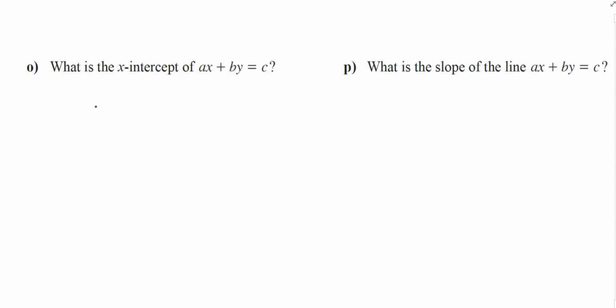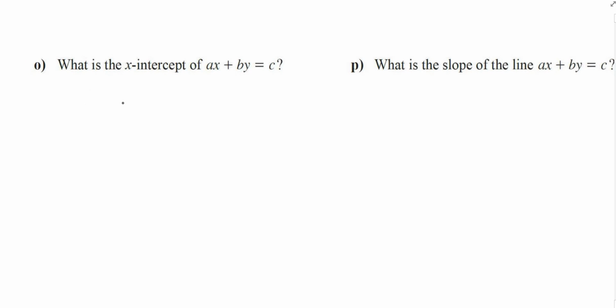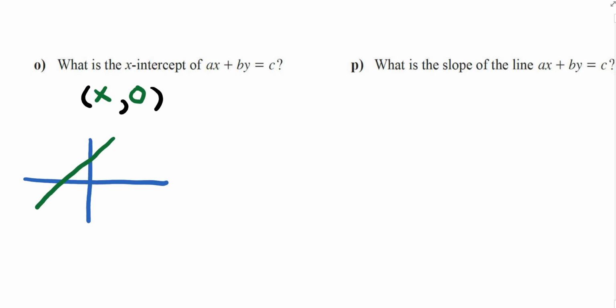And for letter O, what is the x-intercept? Okay, so whenever you're dealing with an x-intercept, we know that the y value is always going to be equal to 0. So you really need to understand that when you're dealing with these x and y-intercept questions. And you don't need to memorize this. I mean, just draw a graph, right? Very similar to some previous problems. Here's my x-intercept right there. I don't know what that value is.